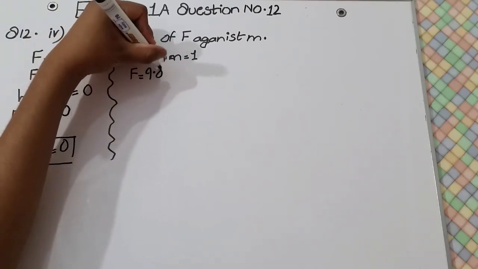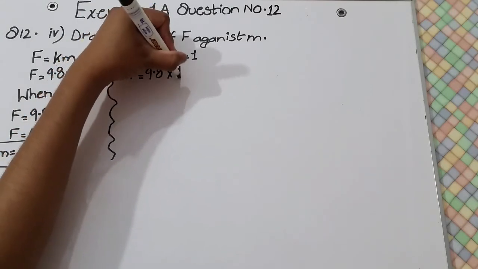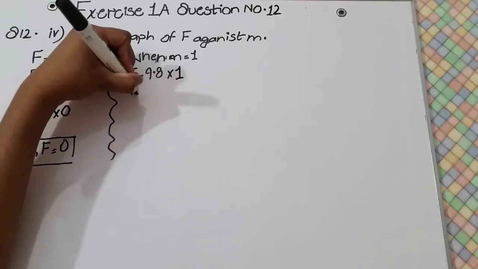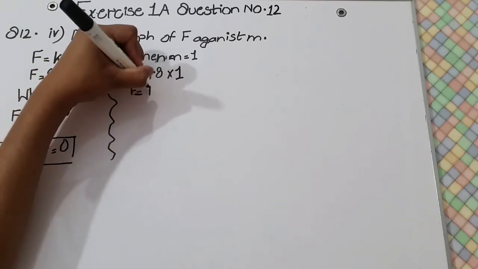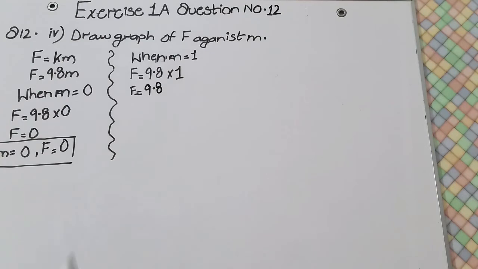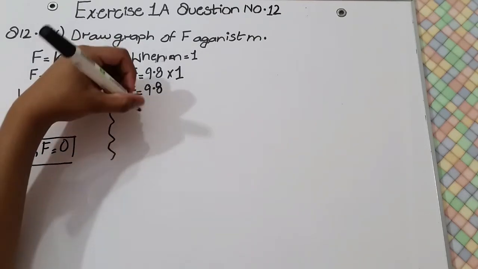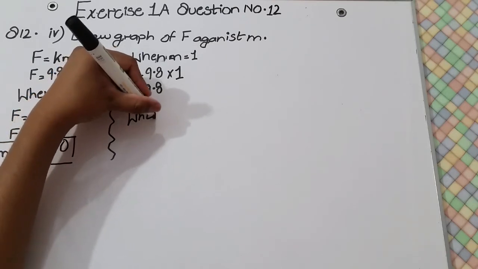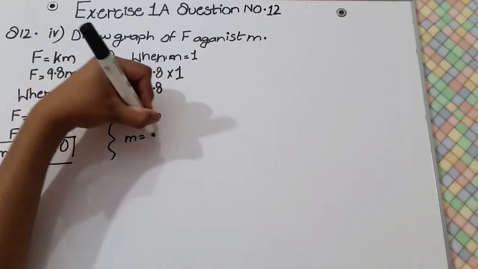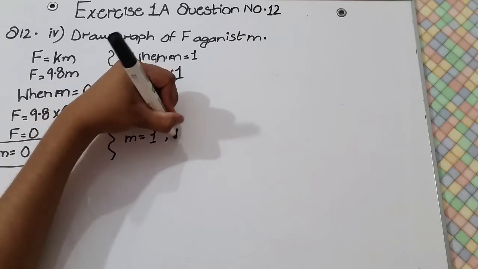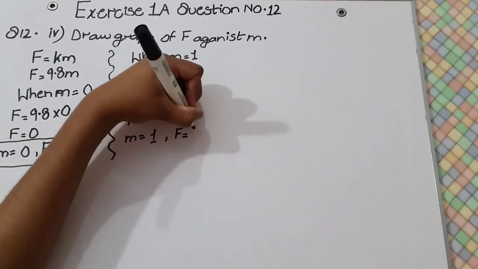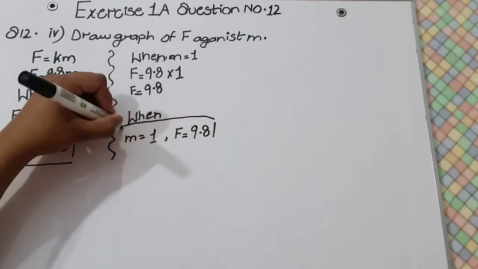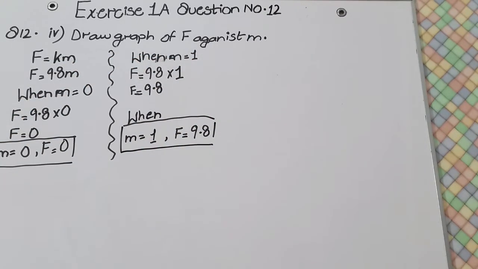K was 9.8 and M is 1. So when we multiply it, F is equal to 9.8. So when M is 1, then F is 9.8. These are our two values.